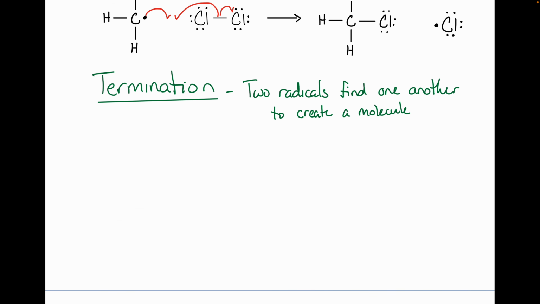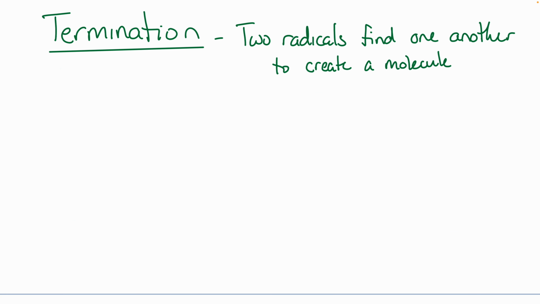So there are a few different things that could happen in order to terminate this reaction here. It could be that two chlorine radicals find one another. And since they both have these unpaired electrons, they can donate those unpaired electrons in order to form this new chlorine molecule.